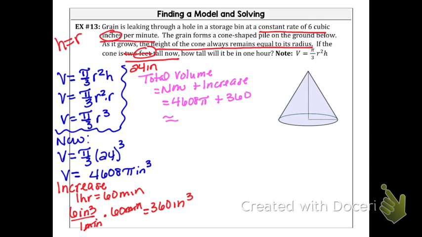So 4,608 times pi plus 360 gives me approximately 14,836.458 inches cubed. Now that I know the volume in that 1 hour, I can use that volume to find the height.